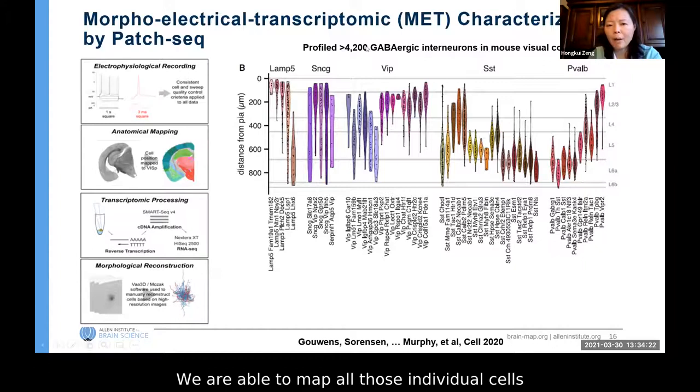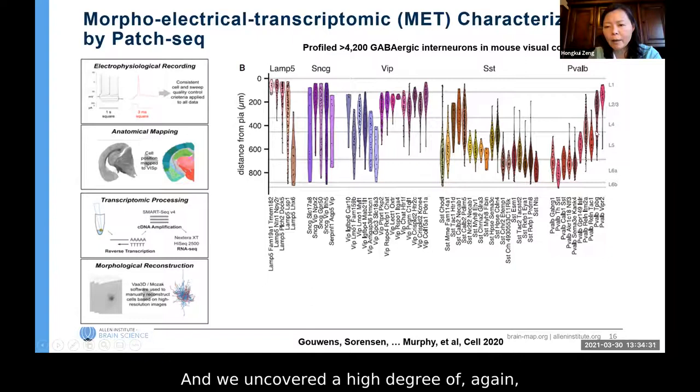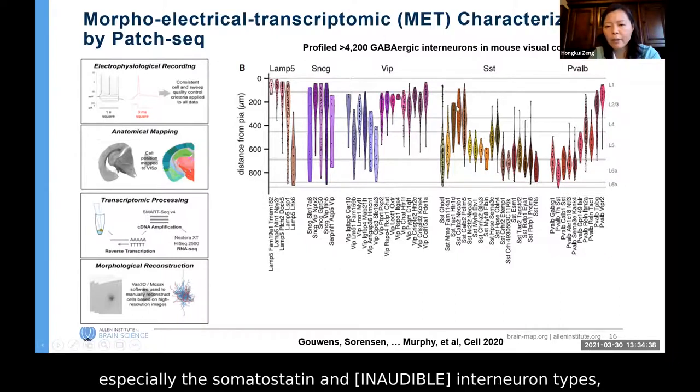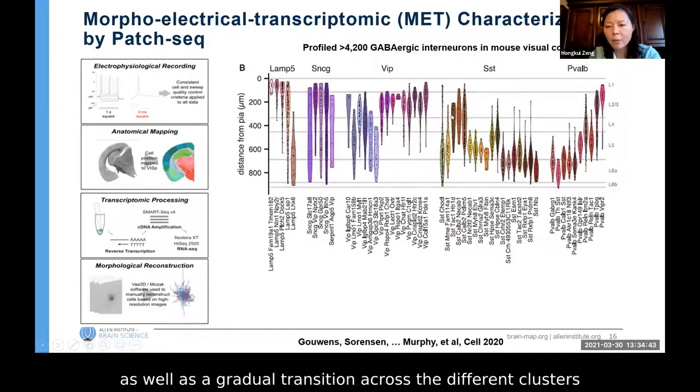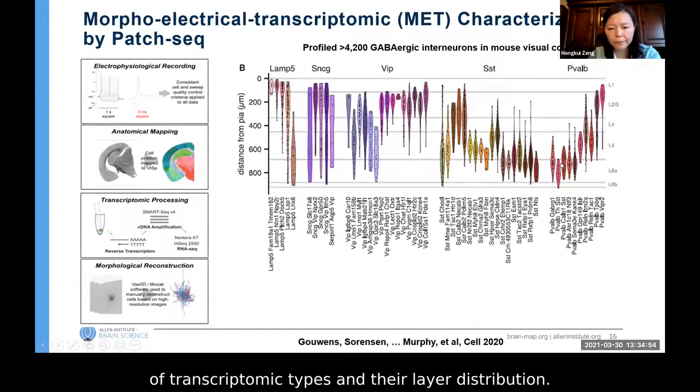We are able to map all those individual cells with our established transcriptomic taxonomy tree, and we uncovered, again, a high degree of layer-enriched distribution of many different types, especially the somatostatin and parvalbumin interneuron types, as well as a gradual transition across the different clusters through those layers. So a correspondence of transcriptomic types and their layer distribution.